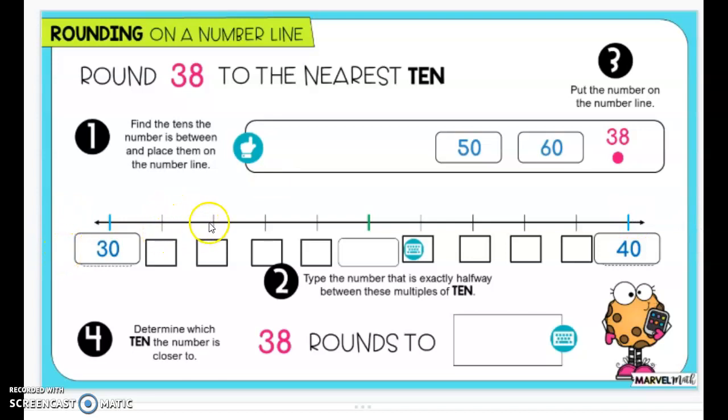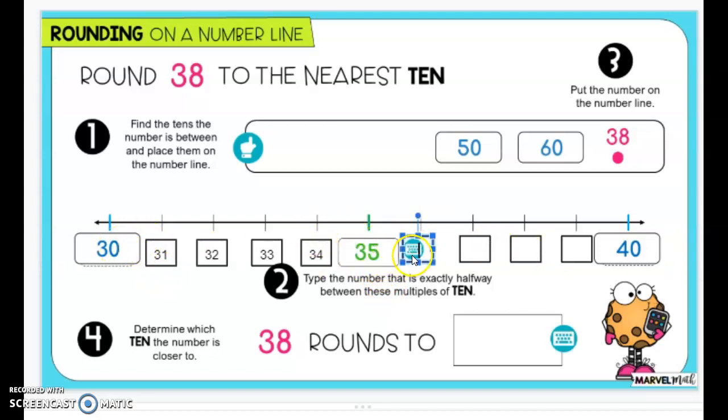Now you have these tick marks on your number line, and so if this is 30, this would be 31. This would be 32, 33, 34. This one looks a little bit different, and it's 35 because this is halfway between 30 and 40.